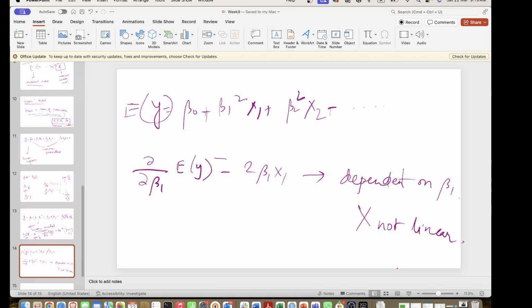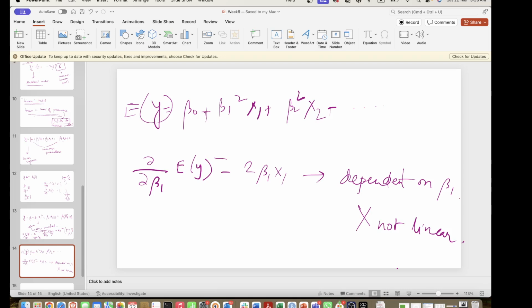Alright. So now hopefully if you get questions where you are asked to find out whether a linear model is actually linear or not, you would have to look at the parameters and get the partial derivatives.